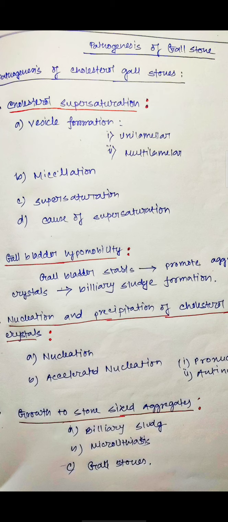Now why is there supersaturation? Either there is more secretion of cholesterol, or there is decreased bile acid formation. There is increased biliary cholesterol secretion when we take a high calorie, cholesterol rich diet, or some kinds of drugs like clofibrate.